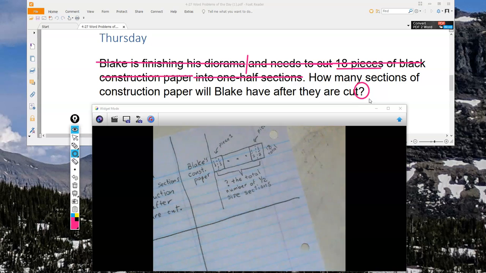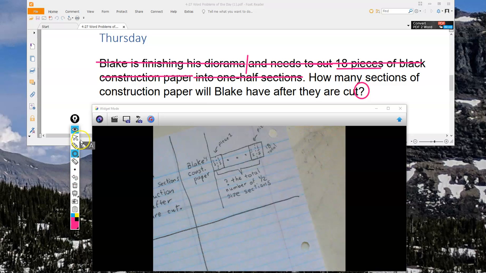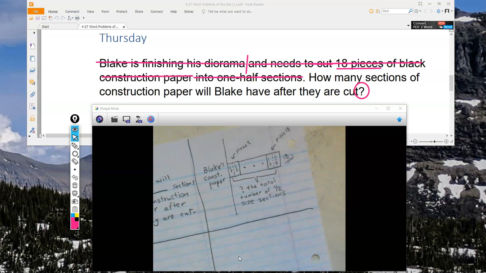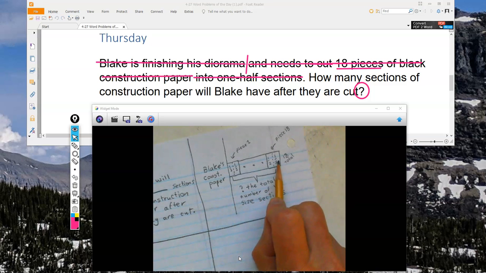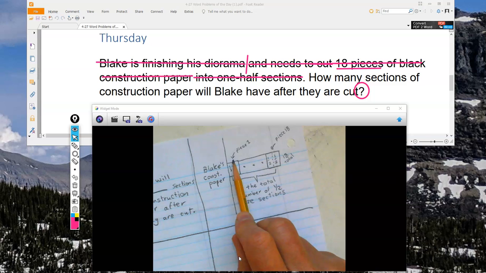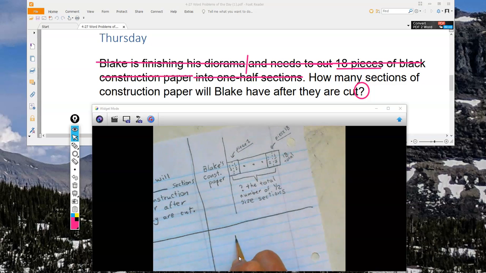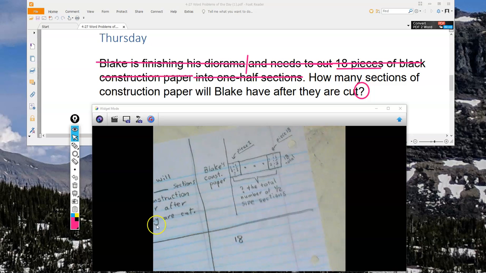I could write up an expression right now. The expression I would use is the total number of whole pieces, which are right here, which is 18 total pieces. I have 18 pieces of construction paper, and there's where I get my 18 from, just so everyone sees it.